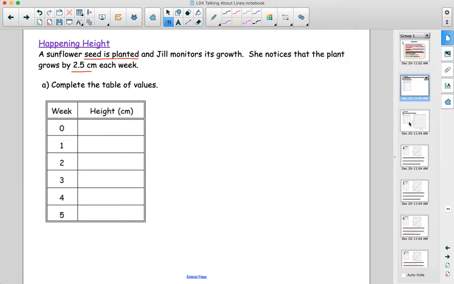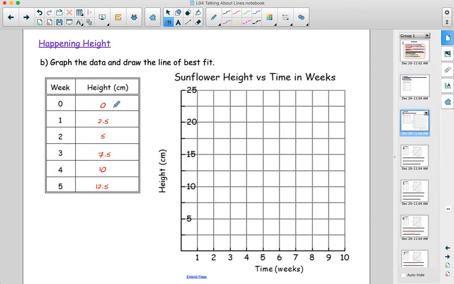All right, so resuming, the initial height should be 0, and every week it grows by 2.5 centimeters, so notice how that pattern will keep repeating. Up 1 week, up 2.5. I'll just do one more, and then you'll get the idea. Up another week, and the height of the plant goes up by 2.5.